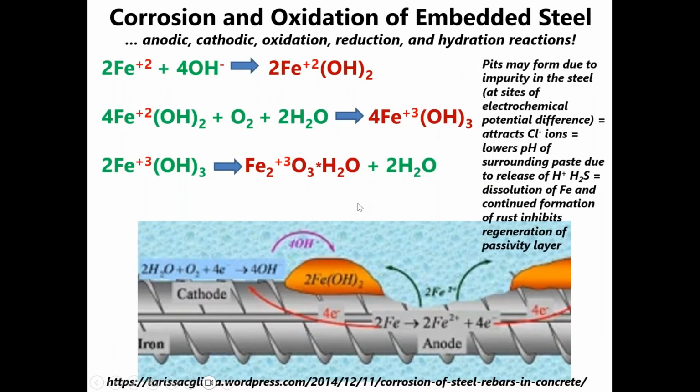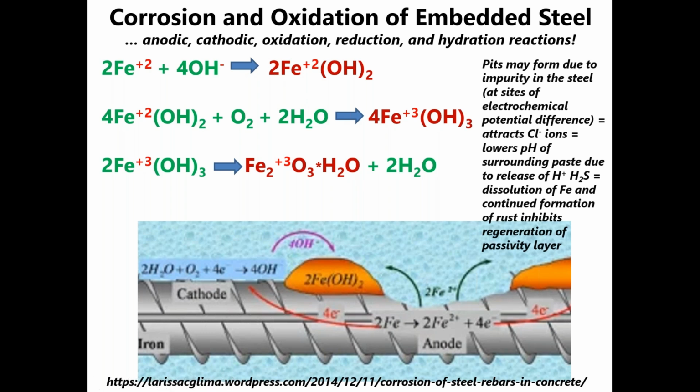Ultimately, what happens is that the iron atoms that are released at the anode sites combine with OH groups to form iron hydroxide minerals, and those iron hydroxide minerals then bind with more oxygen and water in the concrete to give more complex iron hydroxide minerals, and those combine with more water to produce iron oxide hydroxide minerals, right?